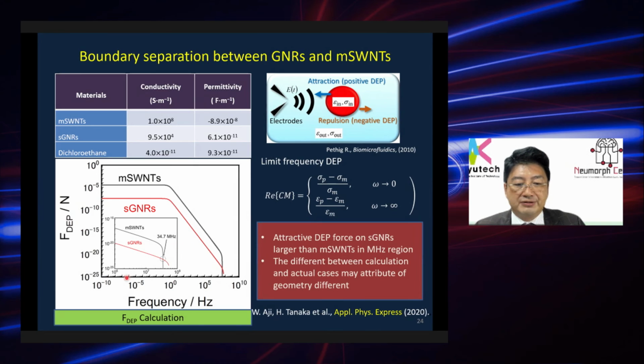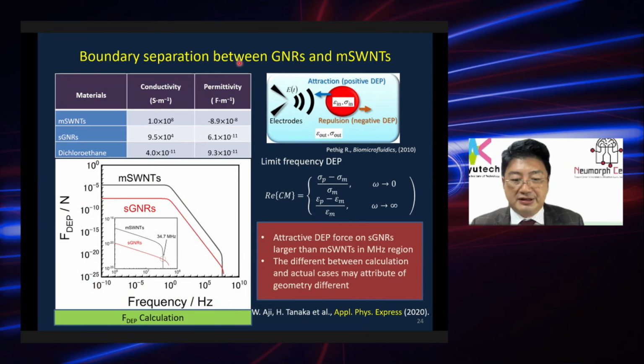And this is a magnified graph of this. At 34.7 megahertz, the value of the DEP force crosses over. So above around 34.7 megahertz, only graphene nanoribbon will be picked up using the DEP method.